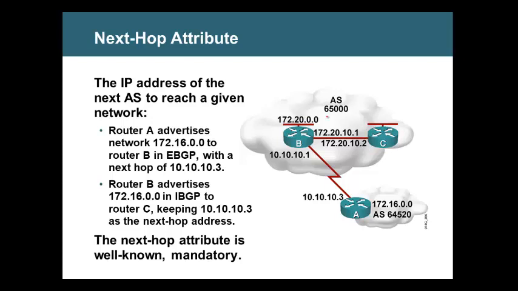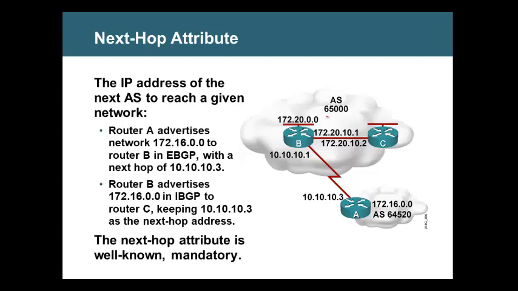Router A is advertising 172.16.0.0 with a next hop of 10.10.10.3. When router B advertises the same, it will keep that same 10.10.10.3. So this is a well-known attribute called next hop, and it is also mandatory. Without a next hop address, no BGP updates are valid. Yep. So that's about the next hop attribute.